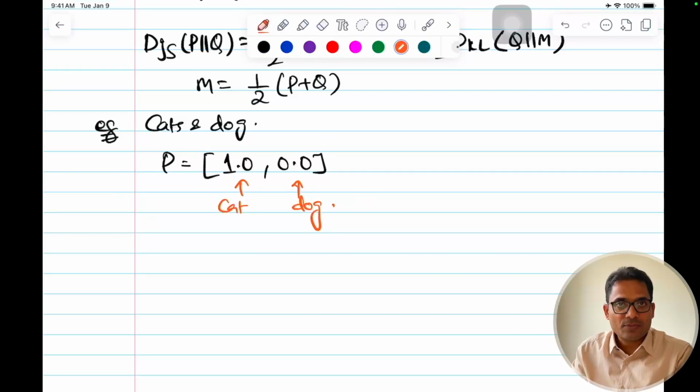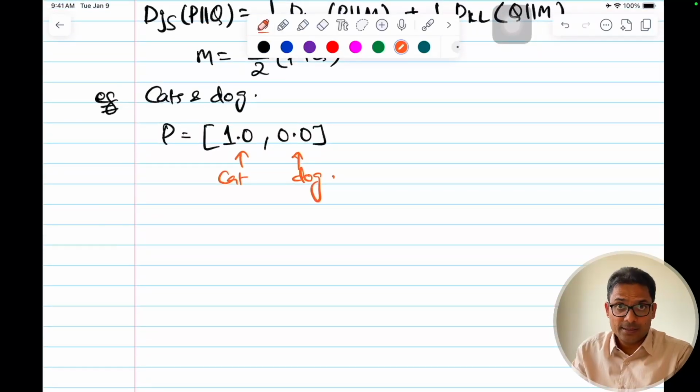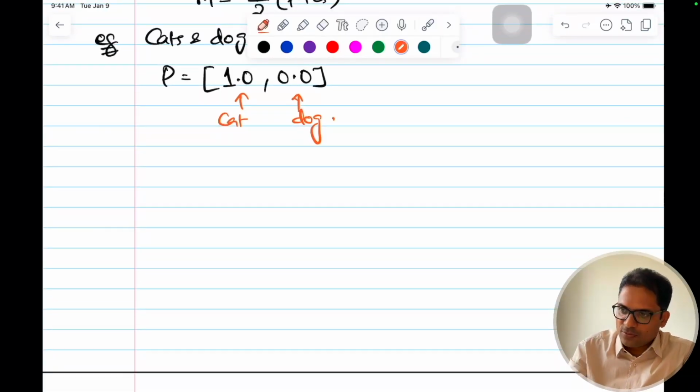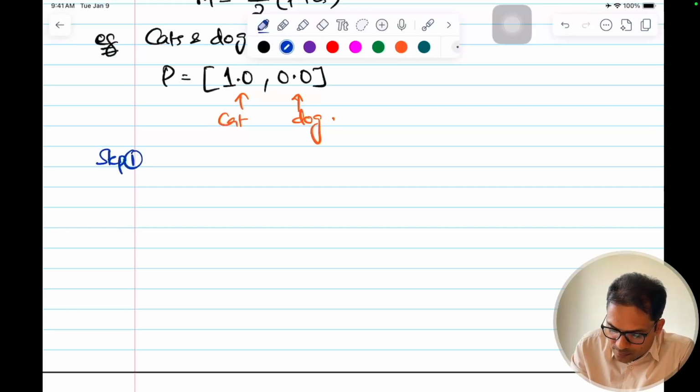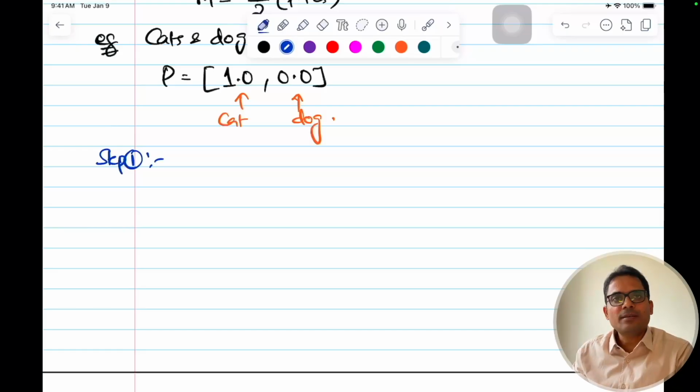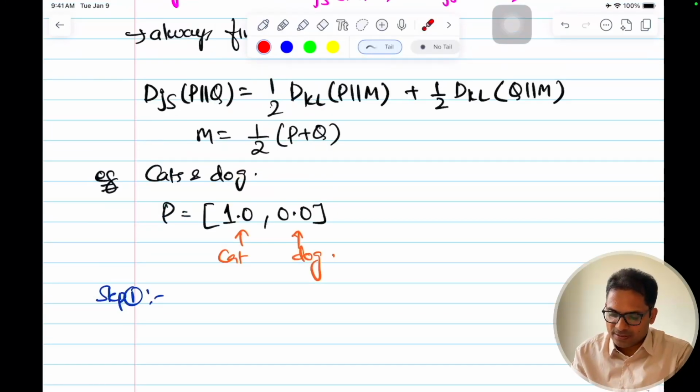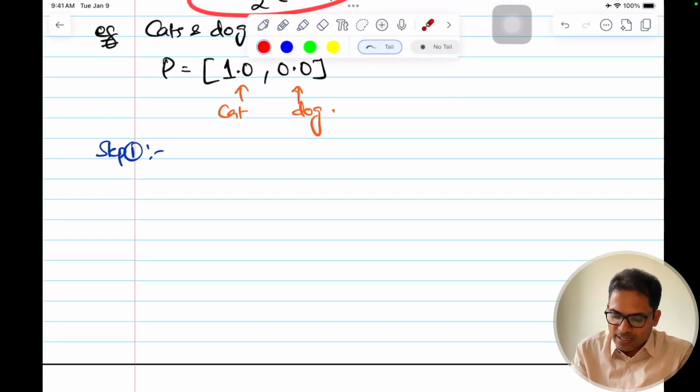Let's find the Jensen and Shannon divergence for this. This is the true label. Let's go step by step. Step 1: calculate the average first. Let's calculate M first.